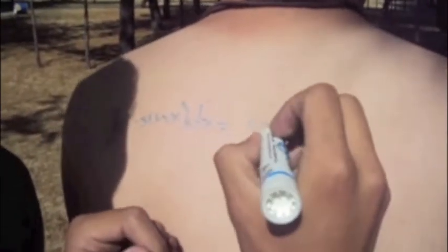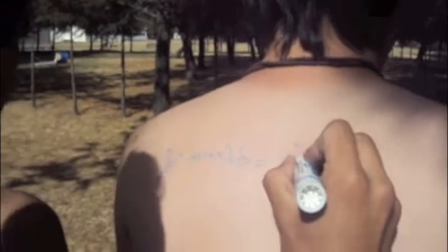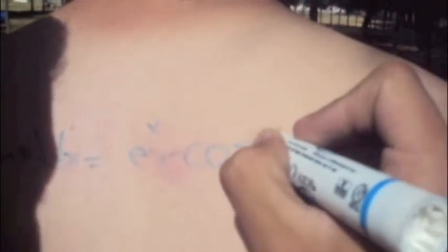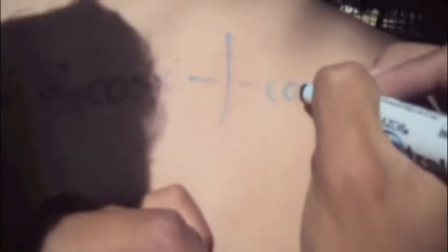It would be u, that is e to the x, times v, that is minus cosine of x, minus the integral of v, that is minus cosine of x, times du, that is e to the x dx.